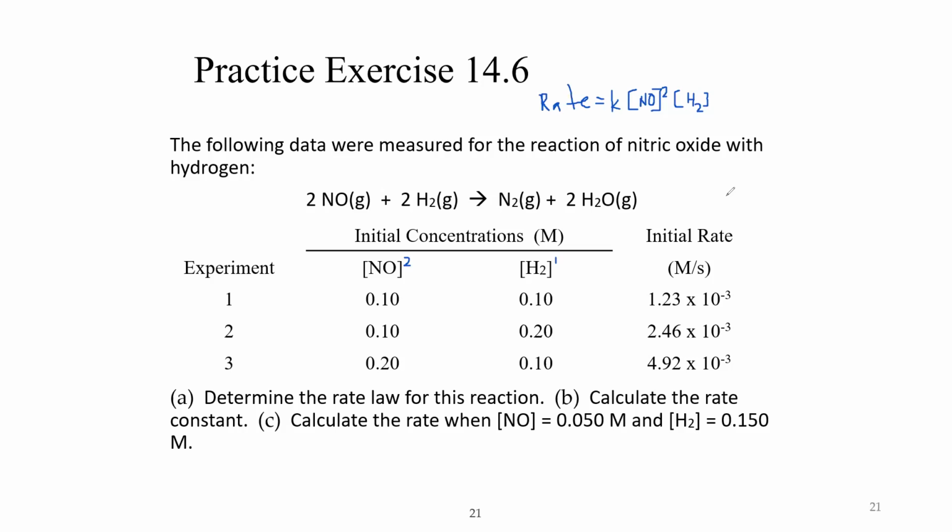And then just like the previous ones again, if we want to figure out exactly what that rate constant is, we can take any of these reactions. I'm going to take the third one, so we can do 4.92 times 10 to the negative third, or 0.00492, divided by the concentration of hydrogen, since that's just first order. And then we can divide it by the square of the concentration of nitric oxide, since that's second order.